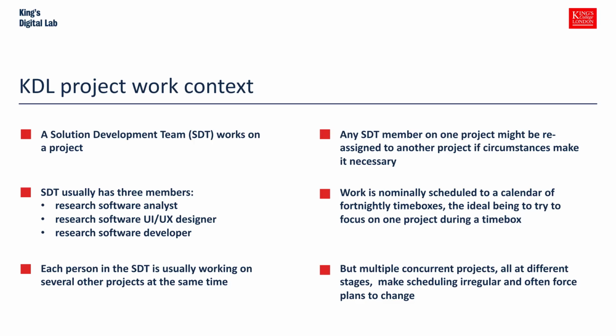We tend to try and work normally to a calendar of fortnightly time boxes. And of course, in true agile fashion, the idea would be that within a time box, we focus the work on one project.